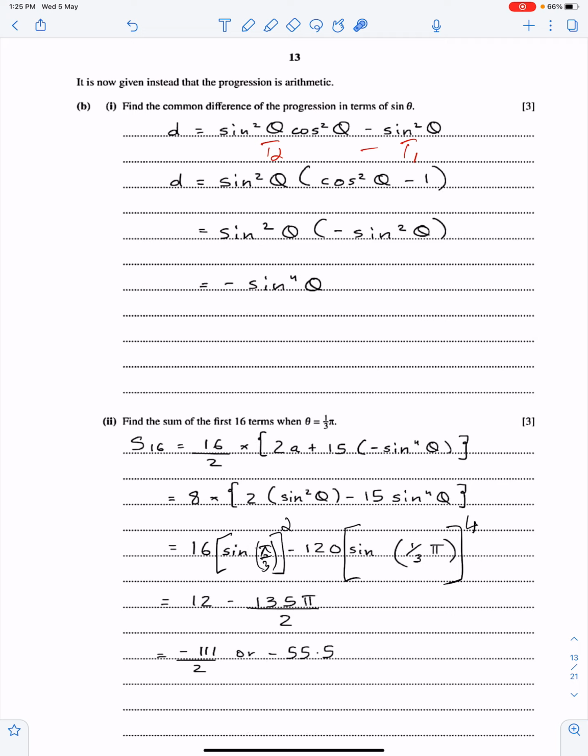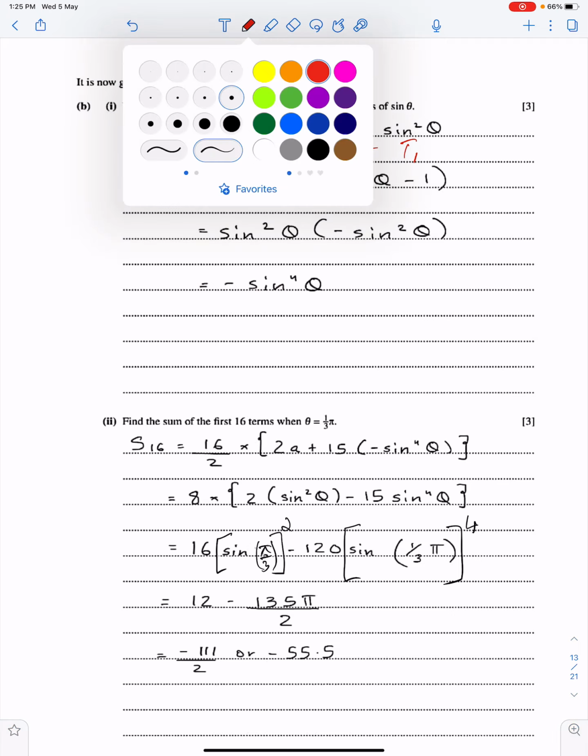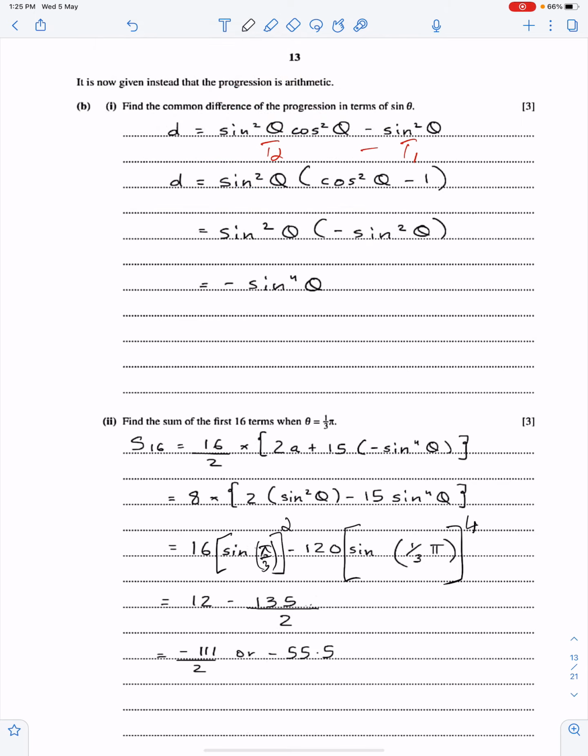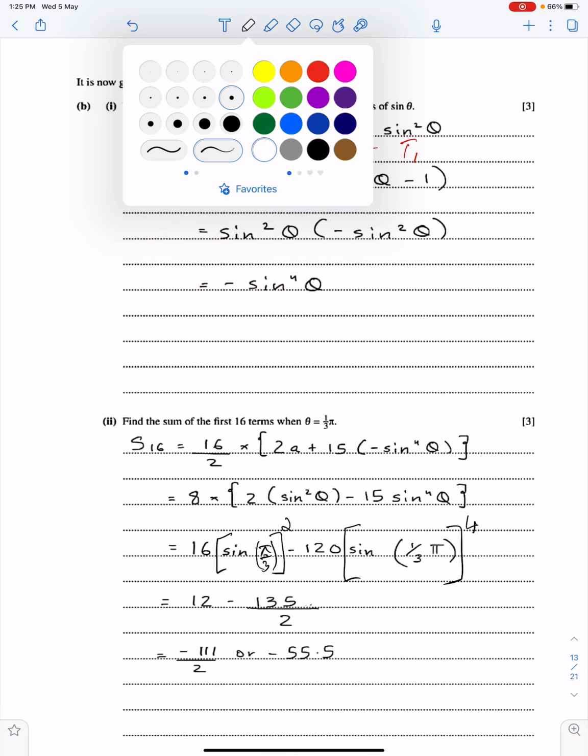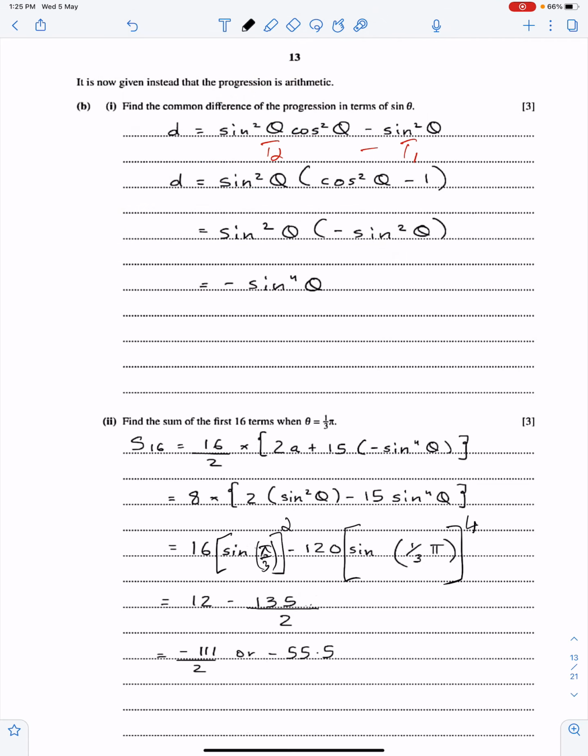This is 135. Let me correct this. This is not pi. This is 135 upon 2. So finally, we have this number or this number.